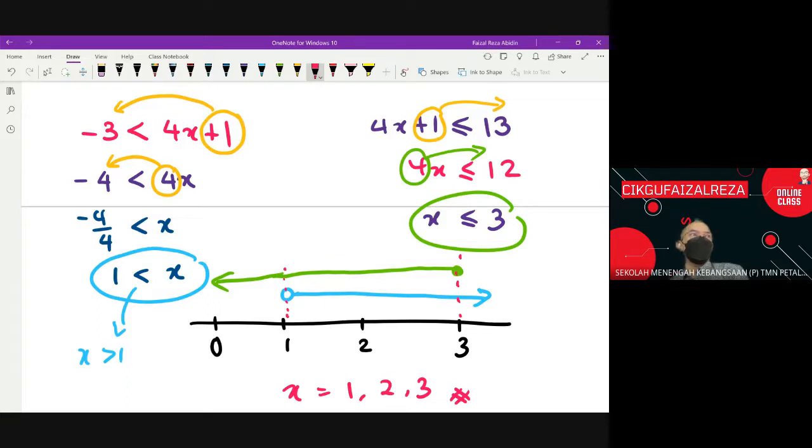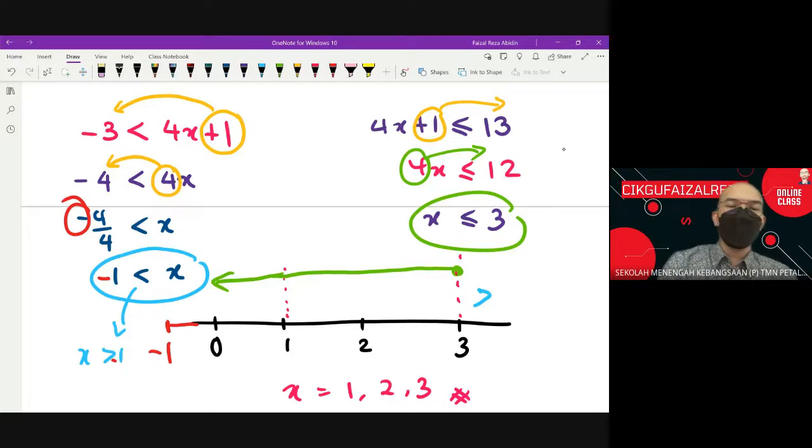My bad. What is my mistake? Anyone? Can you tell me what is my mistake here? More than -1 means that I have to have another one here, -1. So this one cannot be here. So I'm going to have from here, isn't it?